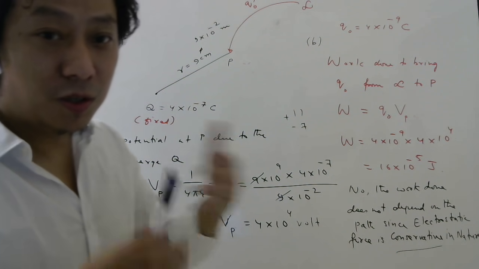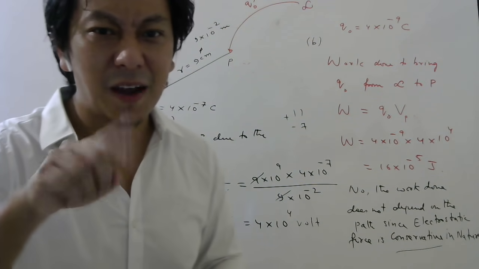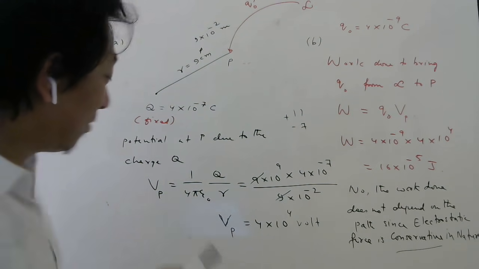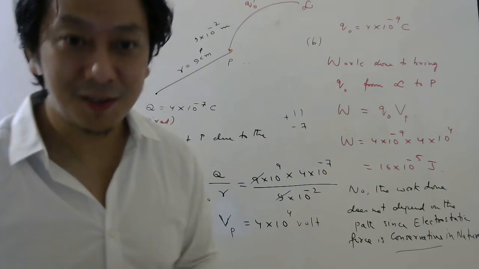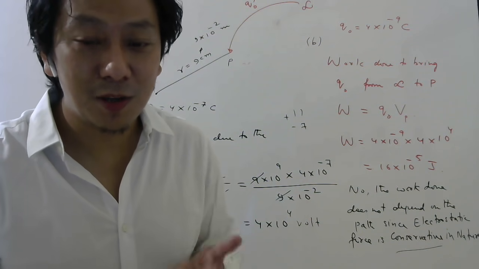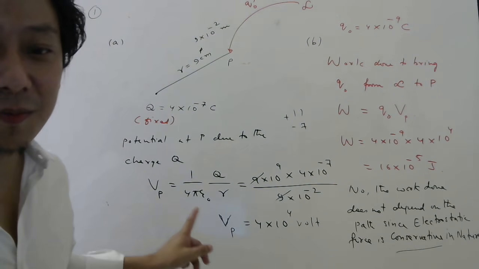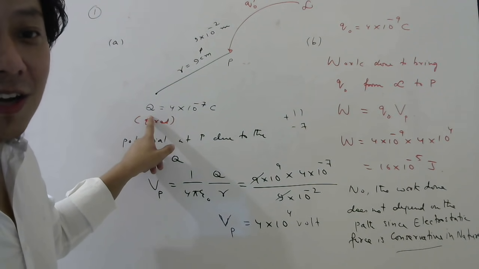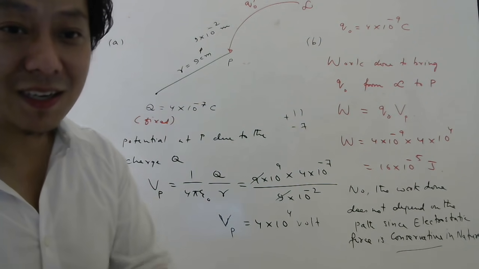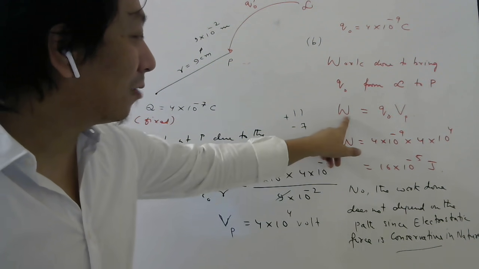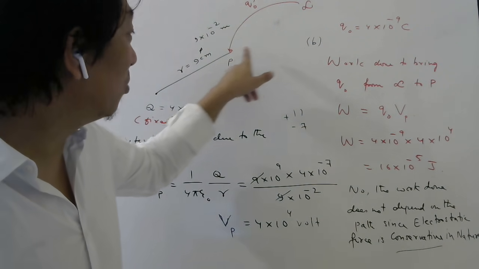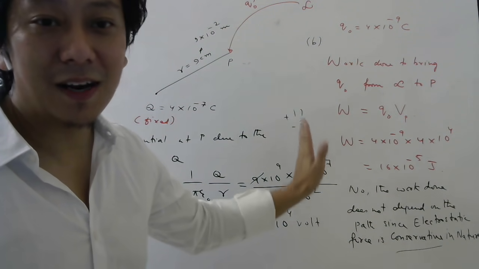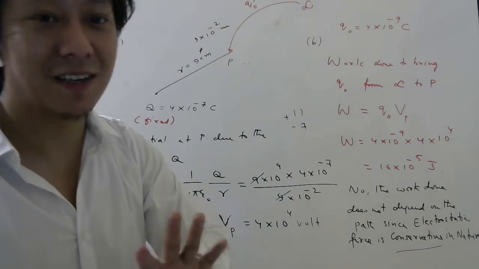So there is no need to do the integration again and find the work done, because we have already done the integration to find this formula. Why are we doing all this hard work of calculating potential at a point due to a point source charge? So that we don't have to do integration again and again to calculate work done. Once you know potential at a point, you multiply with the charge, and you will get the work done to bring that charge.